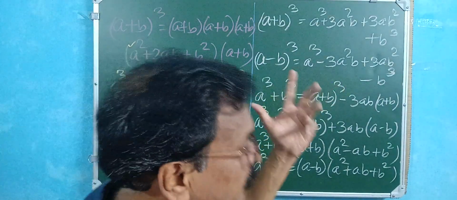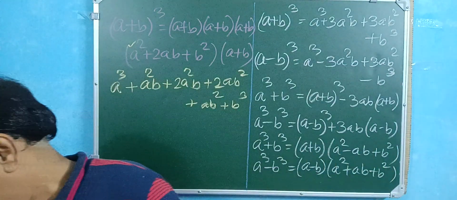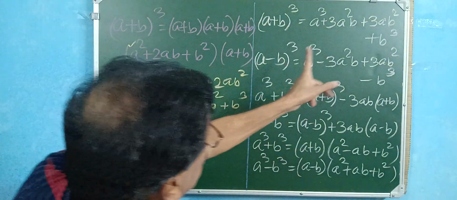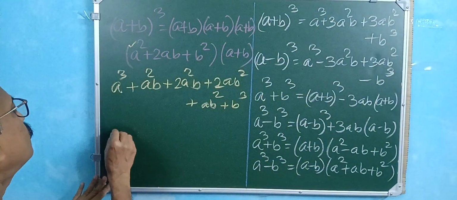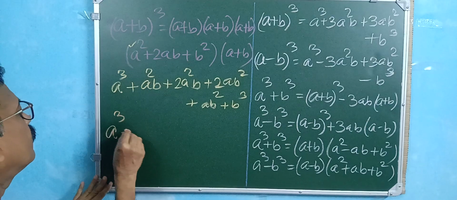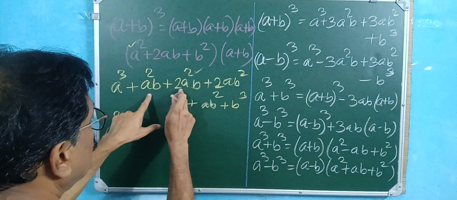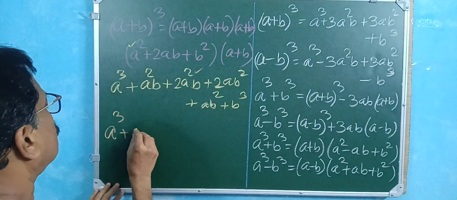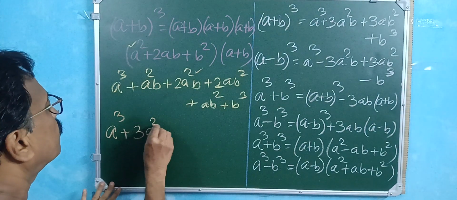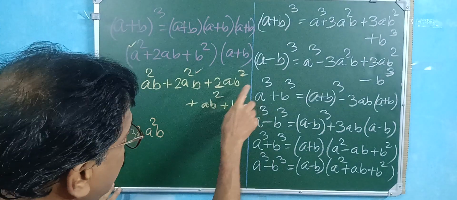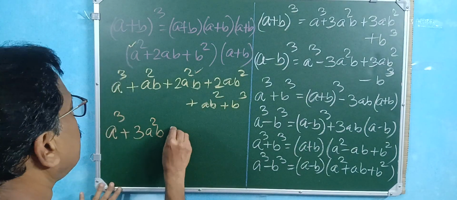Arranging in this way, this is a cube. Then a square b and 2a square b, so together 3a square b. Then 2ab square and ab square, so 3ab square.